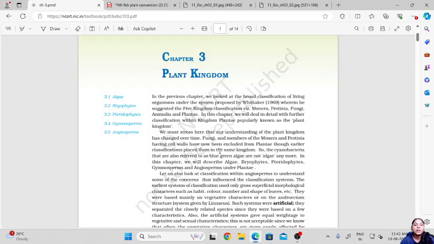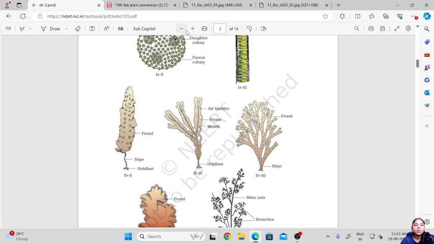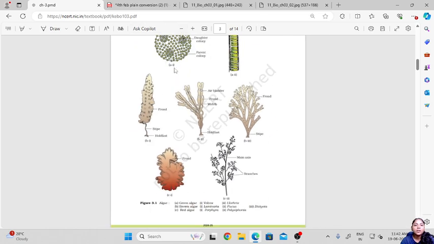Let us see some pictures of algae. So here we have the first one, a green alga, that is Volvox and Ulothrix. Then we have brown algae, that is Laminaria, Fucus, and Dictyota. Then we have red algae, Porphyra and Polysiphonia.